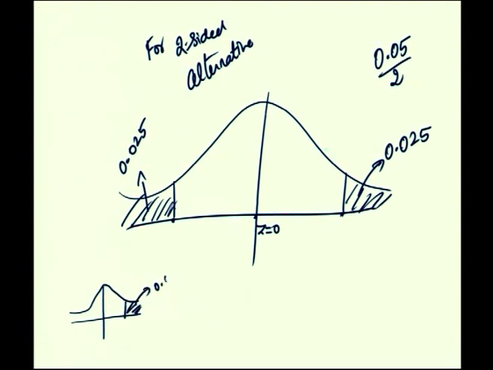It is not 0.025. When this is 0.025, the remaining here is 0.975, isn't it? The whole value here. This is some 0.475, this is 0.5. So, the total is 0.975. Just look at the standard normal values and where does 0.975 come.